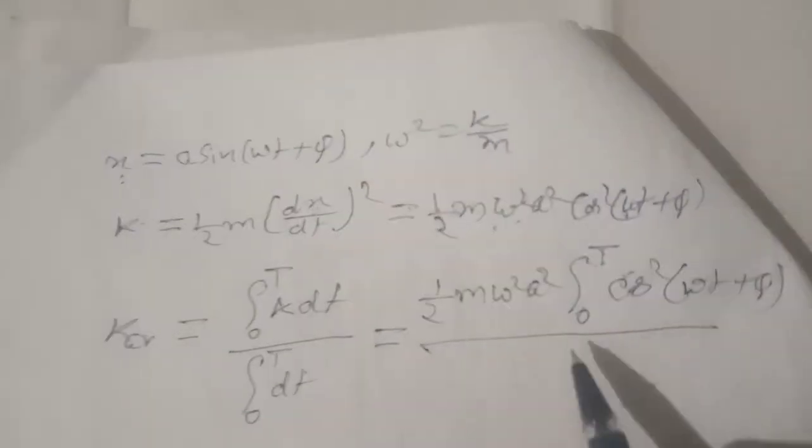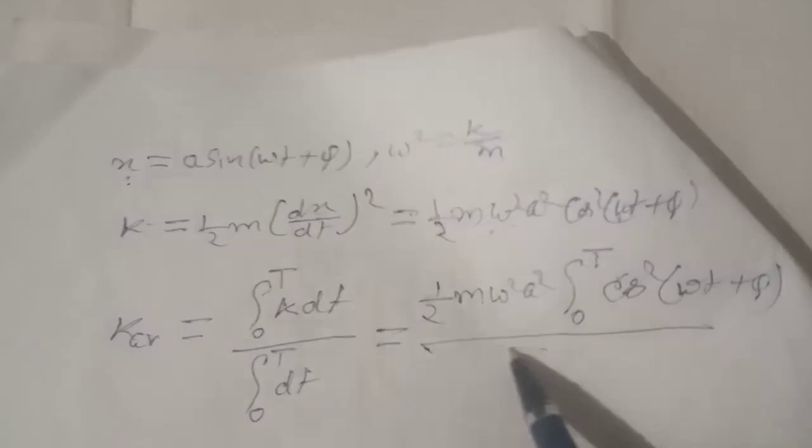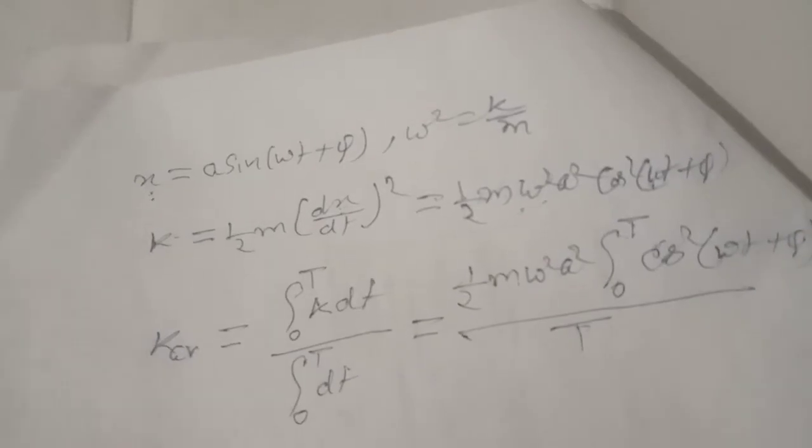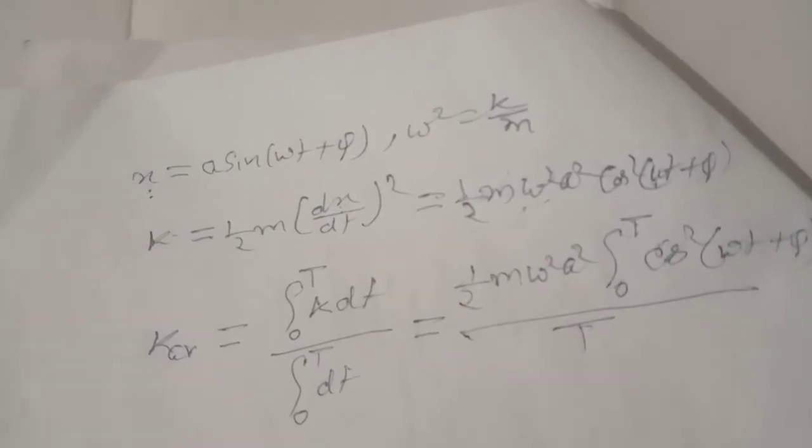Only cos square has to be used in the integration. So we have 1 by 2 m omega square a square, integration 0 to T of cos square (omega t plus phi), divided by T. We know that T equals 2 pi by omega.